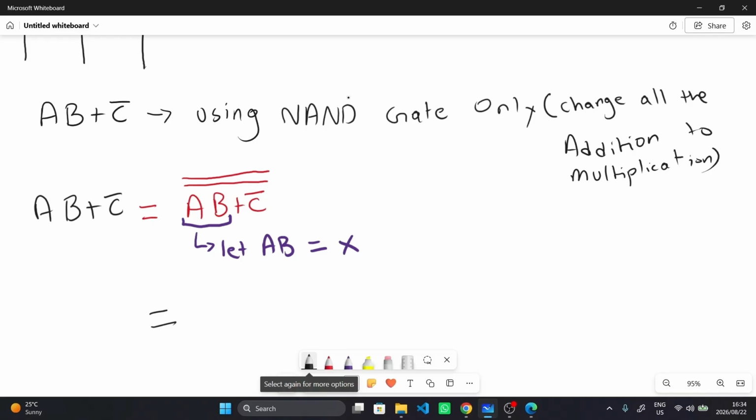So we said let A times B equal X. So we can replace that with X plus C complement. So that is going to be something like this, right?